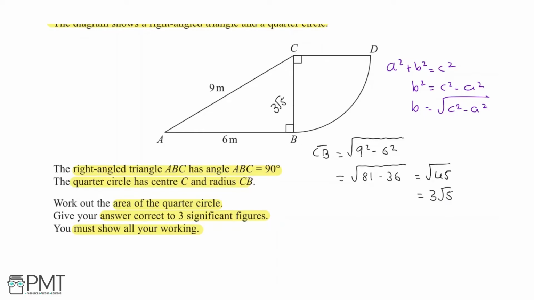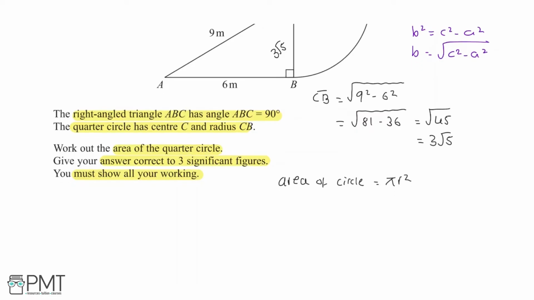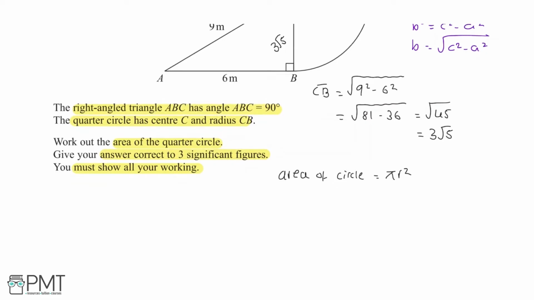Now, the area of a circle is pi r squared. So that means the area of a quarter of a circle is going to be, I'm just going to write that here, quarter of circle will equal 1/4 times pi times r squared.